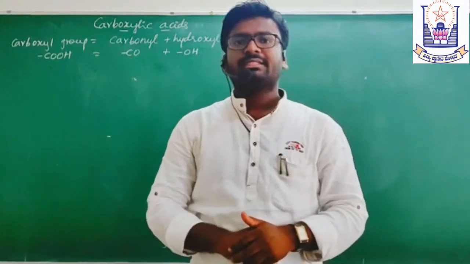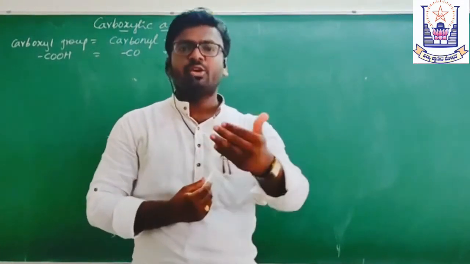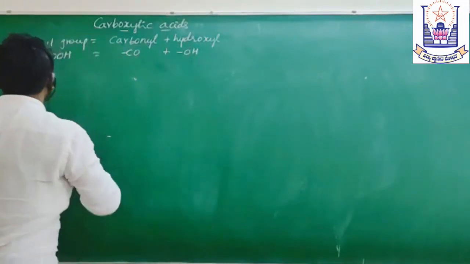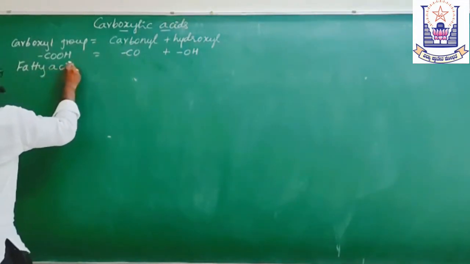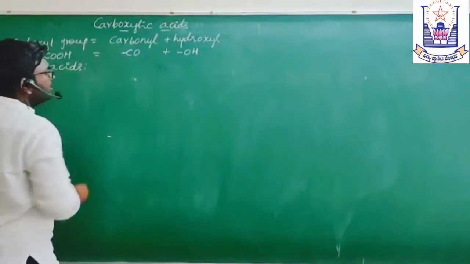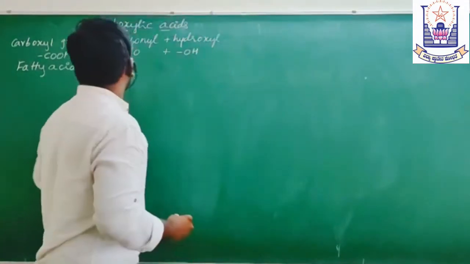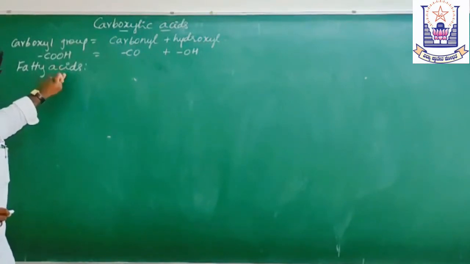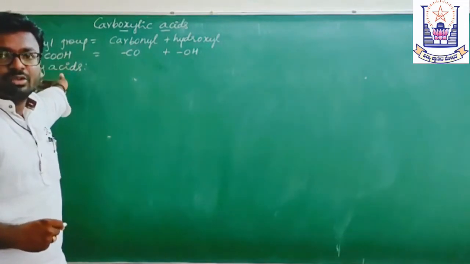Here we need to recall the fatty acids. What are fatty acids? Fatty acids are higher members of aliphatic carboxylic acids. Here also the name itself says fatty acids. Acid means it contains the COOH functional group.